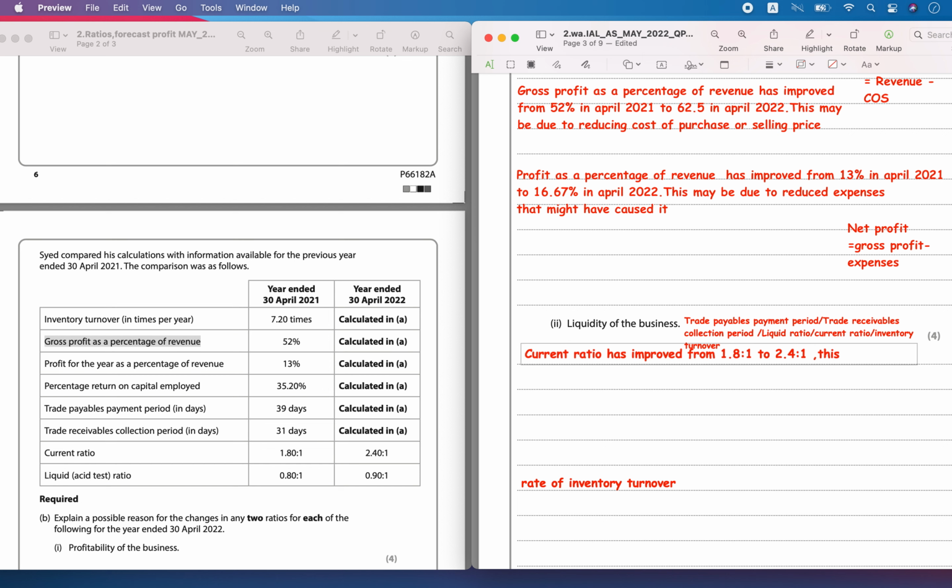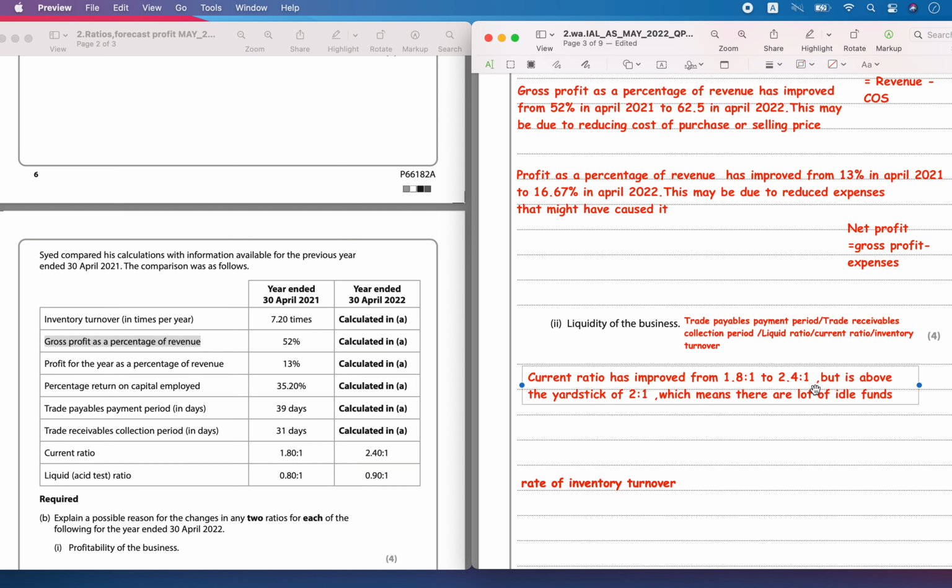The current ratio has improved, but it is above the yardstick of 2 to 1, which means there are a lot of idle funds.